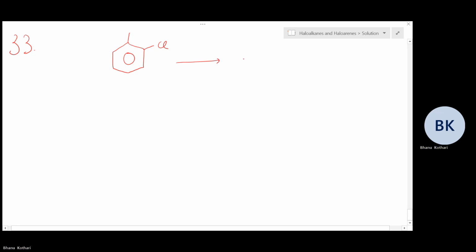So we'll have CH3, and further it reacts with one more molecule of NH2 minus.